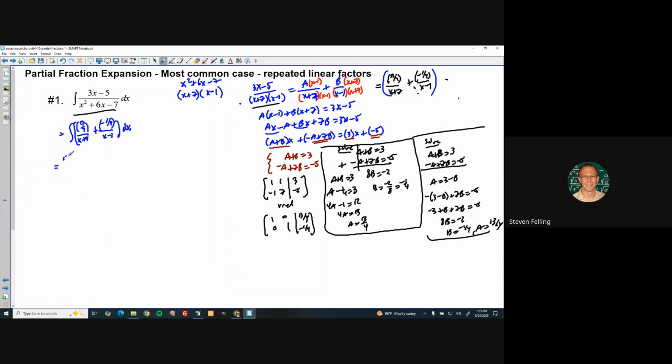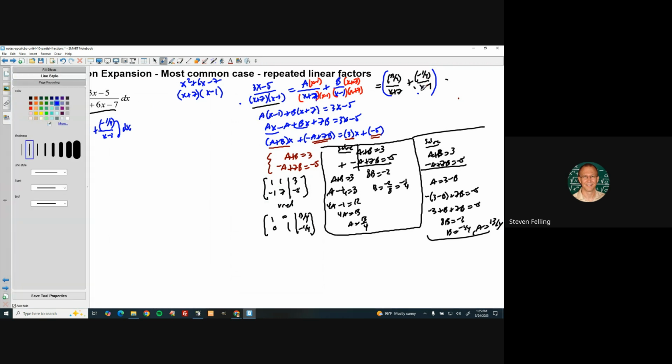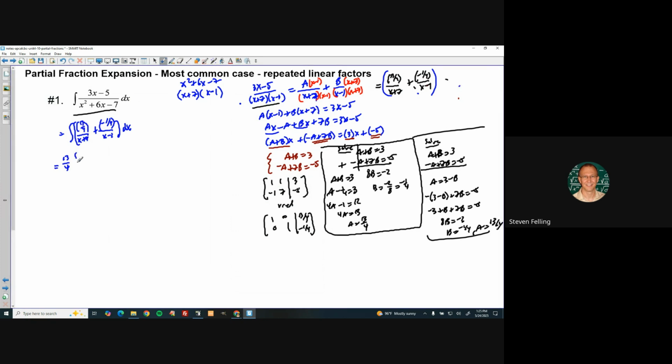So I'll move the constant on the outside. This is 13/4 times the integral of 1 over x plus 7 dx, and then minus 1/4 if I move the negative 1/4 out as a constant, over x minus 1 dx. Okay, I'm going to do this integral over here. So now we can do a little u substitution. U would be the entire denominator, x minus 1.